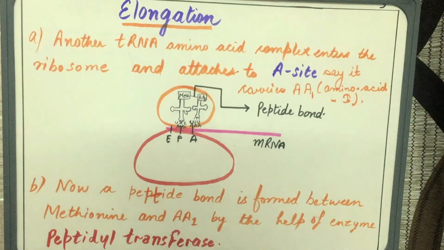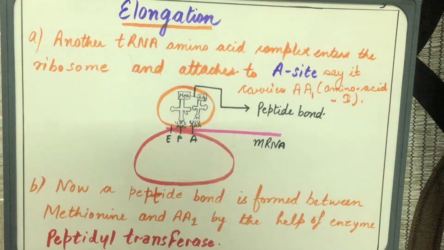Now, the third step of translation is elongation. What will happen in elongation? We know one tRNA which has methionine with it has already bound to the P site. Now another tRNA will come and bind to the A site. Suppose the tRNA which has now bound to the A site carries amino acid 1.